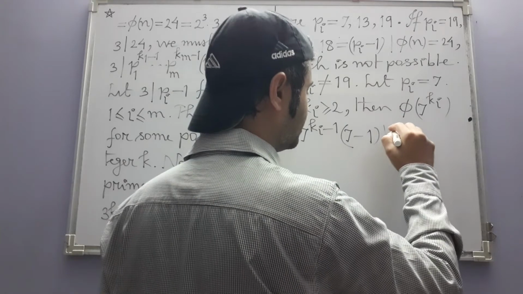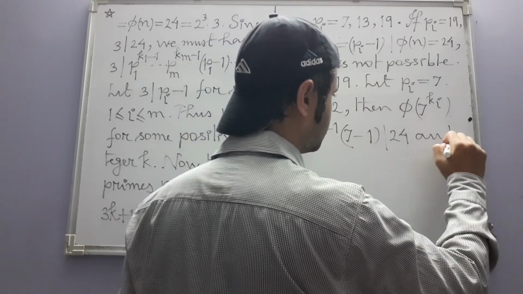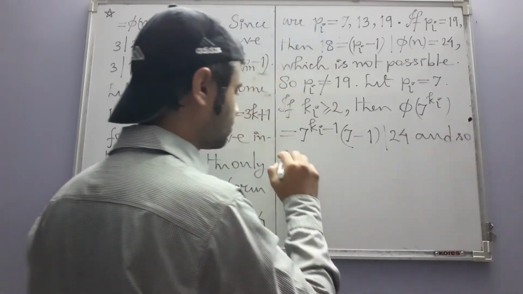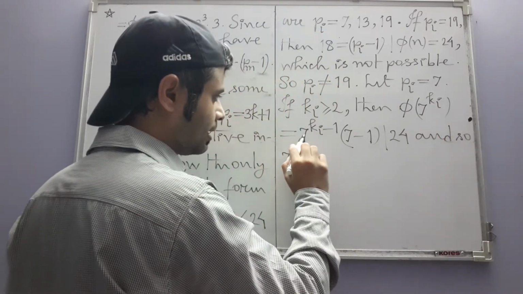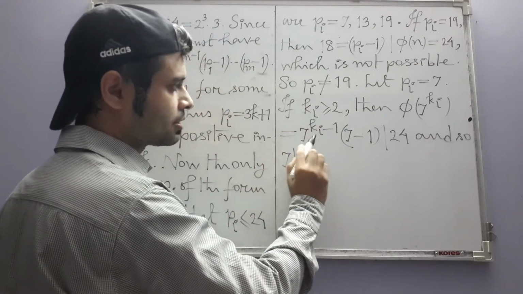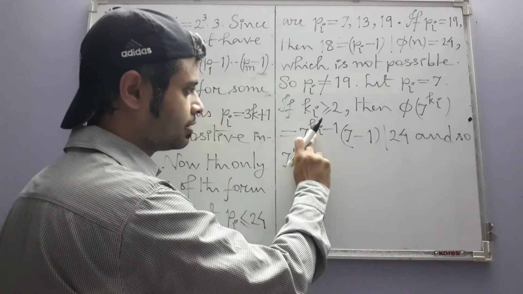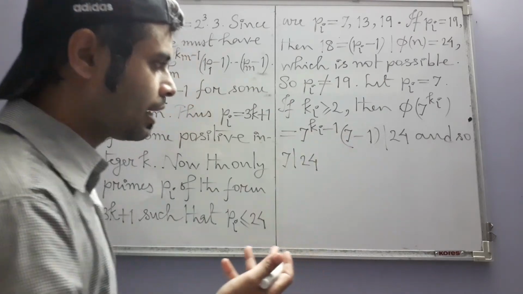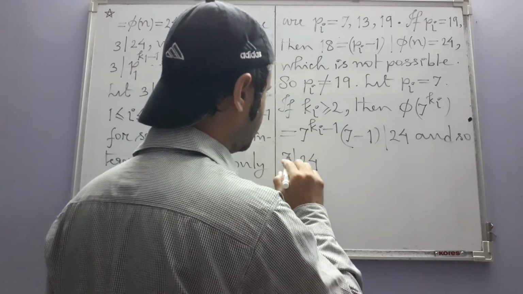This should divide 24, and so 7 should divide 24, and that 7 is coming from here, which we are not writing the reason explicitly, because ki minus 1 is at least 1, that's why this is happening. That is understandable from here.